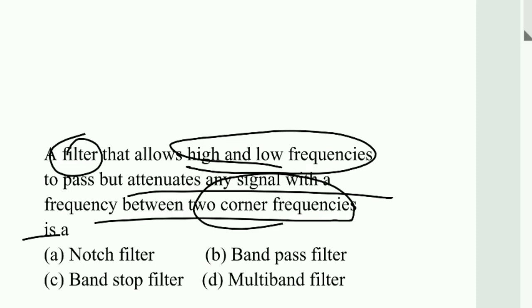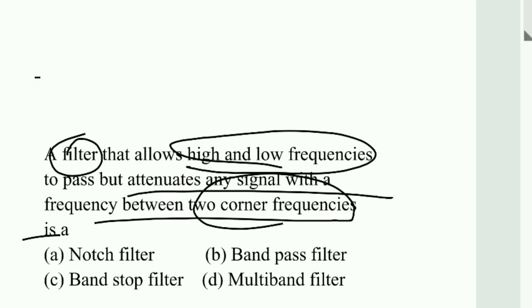I mean, a filter is a circuit which will reject signals of some particular frequencies and pass signals of other frequencies. Suppose there is a low pass filter. What does low pass mean? Low pass means it will pass signals with low frequency, and it will stop, reject, signals with high frequency. Okay, and what is a high pass filter? A high pass filter will pass the high frequency signals and will stop the low frequency signals. Okay, this is how a filter works.